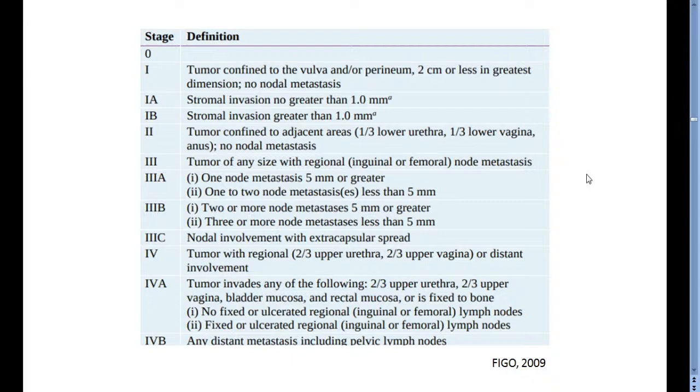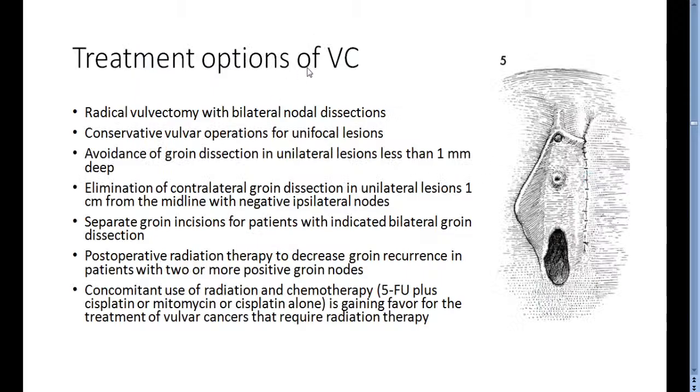You don't need to pay attention right now. Treatment of carcinoma of the vulva is usually a radical vulvectomy with bilateral node dissection. Actually, this picture is not a radical vulvectomy, it's just a one-sided vulvectomy. It's not correct here, so usually we need to remove the vulva with adjacent lymph nodes.